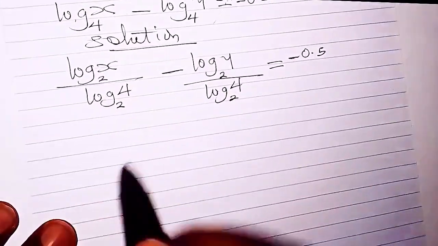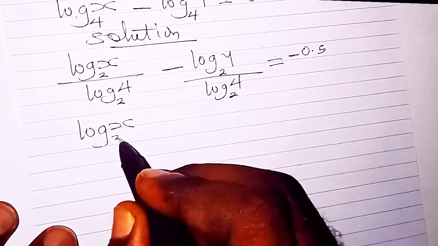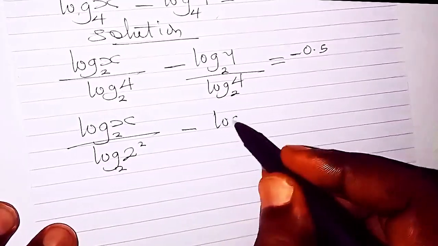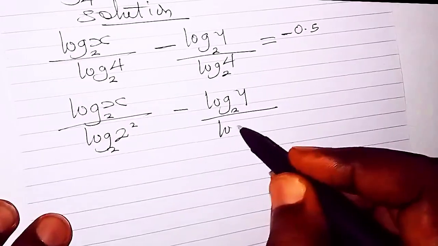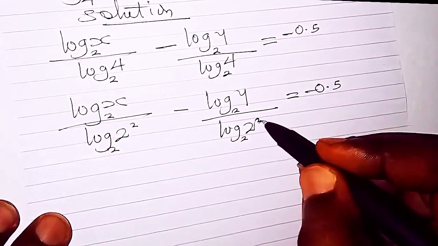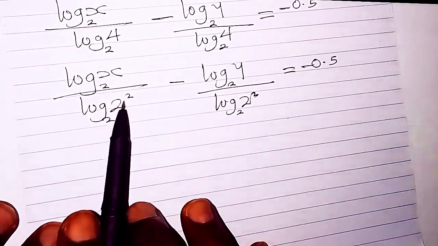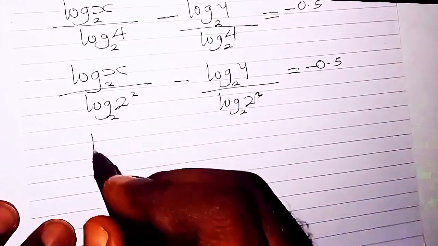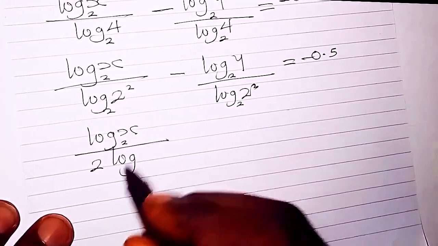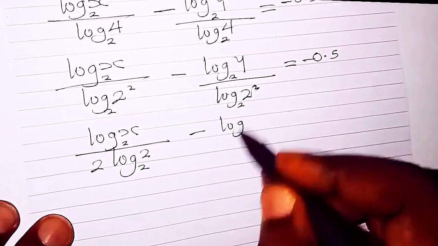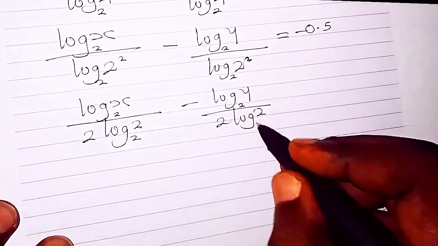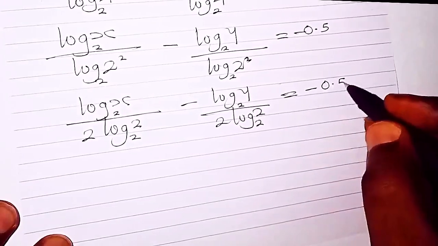This can as well be expressed as log x base 2 divided by log 2 squared base 2, minus log y base 2 divided by log 2 squared base 2, equals negative 0.5. Then we use one of the laws of logarithm to express this as log x base 2 divided by 2 log 2 base 2, where the 2 becomes a coefficient, minus log y base 2 divided by 2 log 2 base 2, equals negative 0.5.